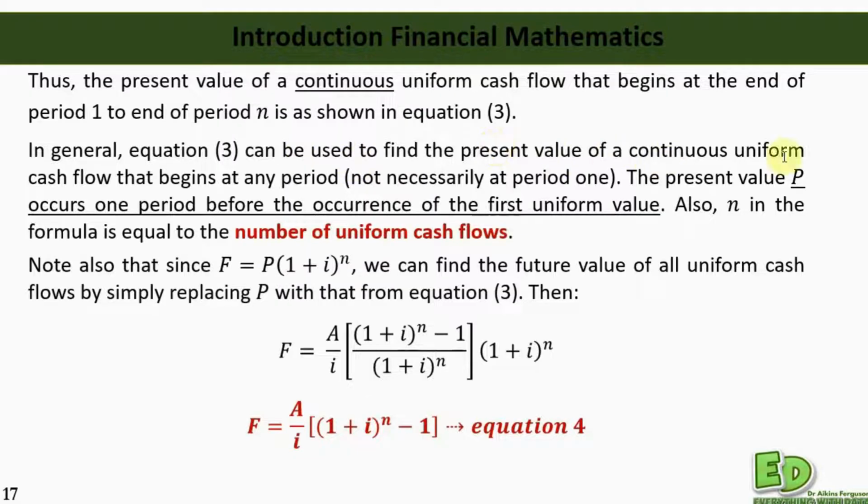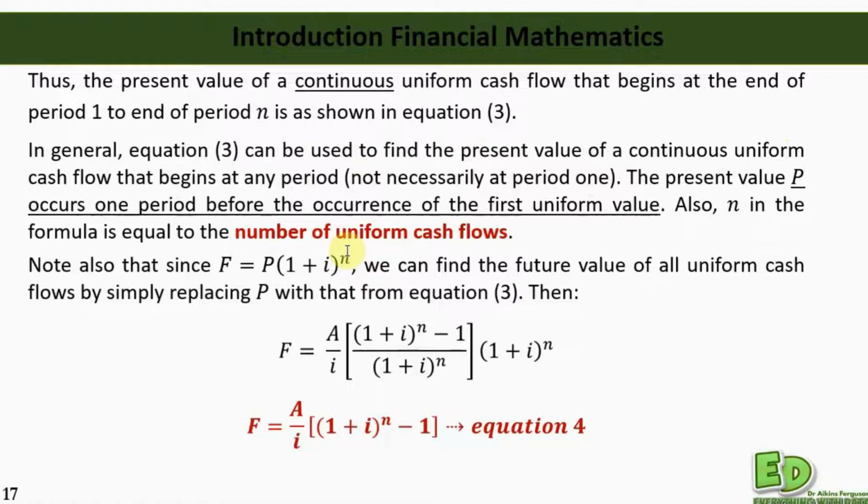Finding the future value of a continuous uniform cash flow that begins at any period, not necessarily at period 1. The present value P occurs 1 period before the occurrence of the first uniform value. Also, n in the formula is equal to the number of uniform cash flows, or the number of years you are receiving the money.